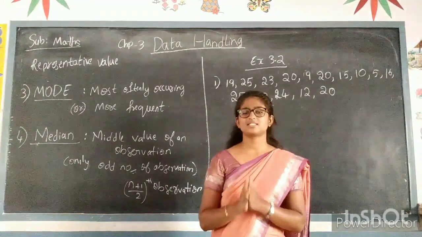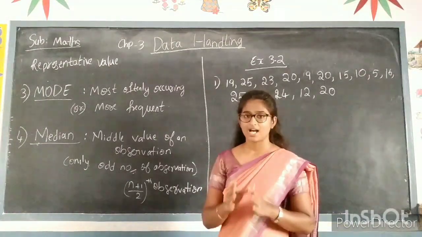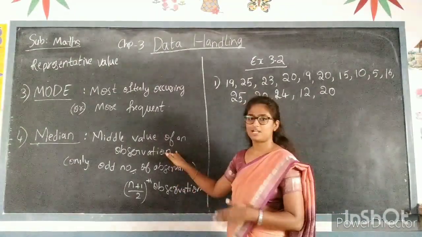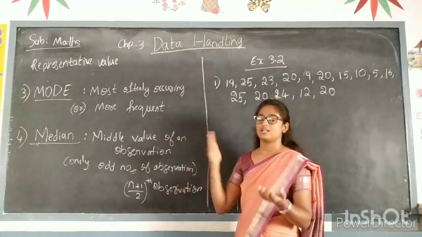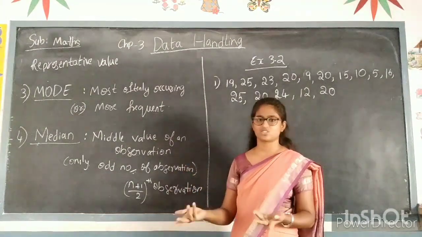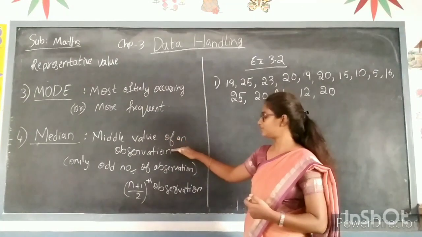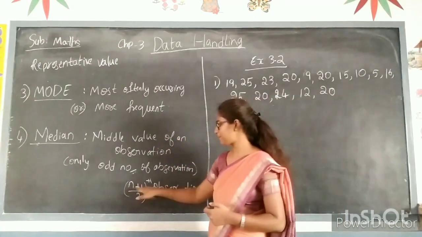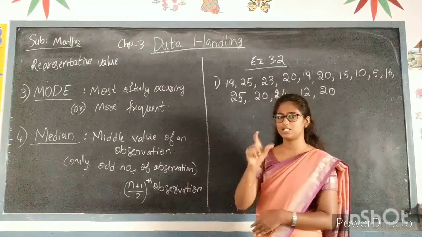So median is nothing but the middle term of the given observations, and here it applies to an odd number of observations like 9, 11, 13, 15. To find the middle term, we can use this formula: n plus 1 by 2 observation. That observation will be the middle term.